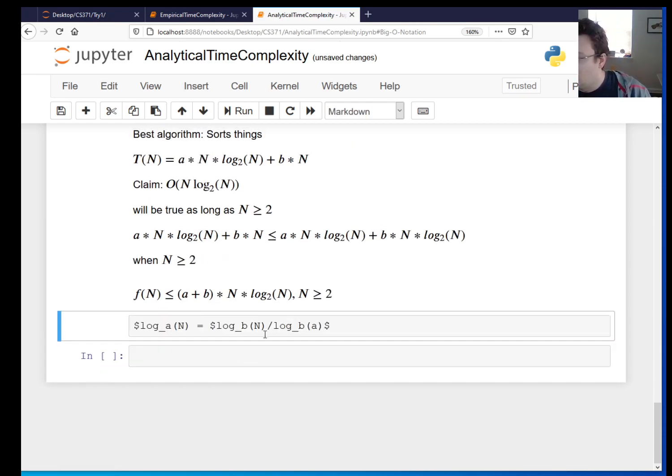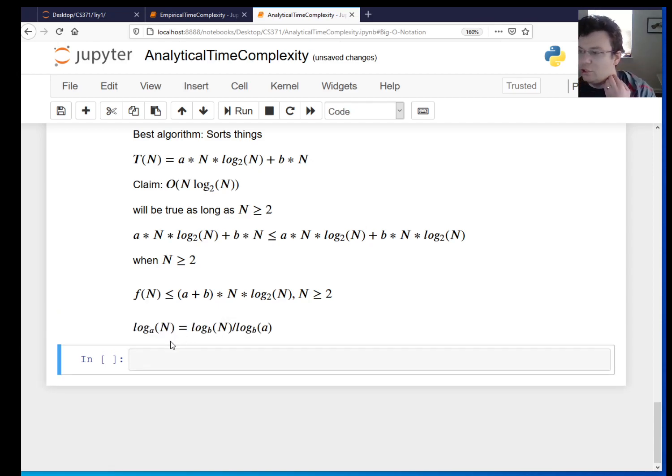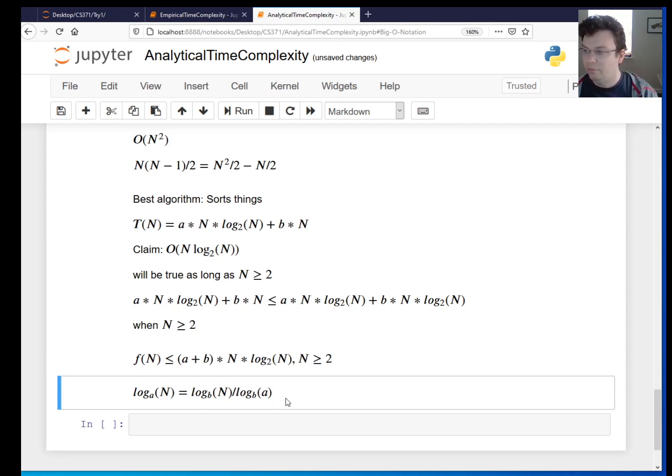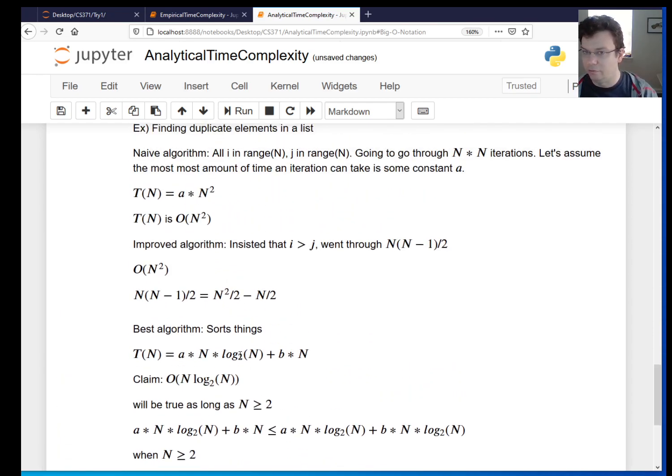So you can change the base of your logarithm simply by dividing by a constant, which is the same as multiplying by a constant. So this comes out as constants. But oftentimes in algorithms, we like to think about log base 2 because we often divide things in half. We'll talk more about that.